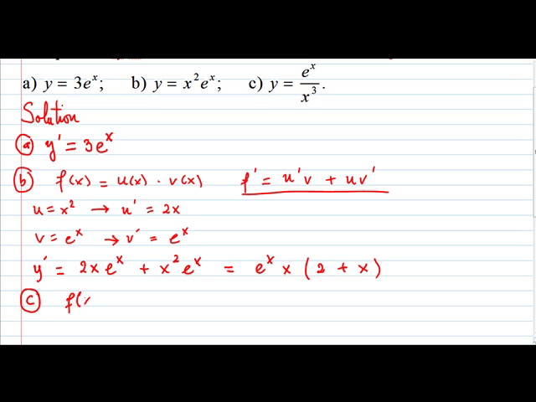If f of x equals n of x over d of x, the quotient rule is that f prime will be n prime times d minus n times d prime, over d squared.